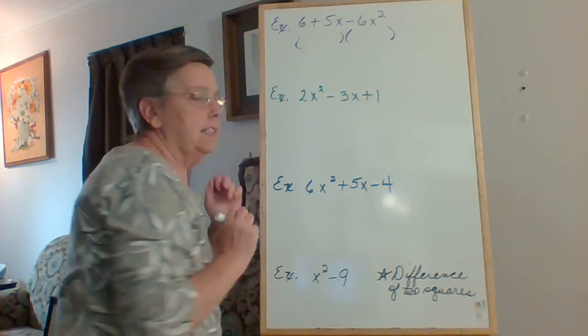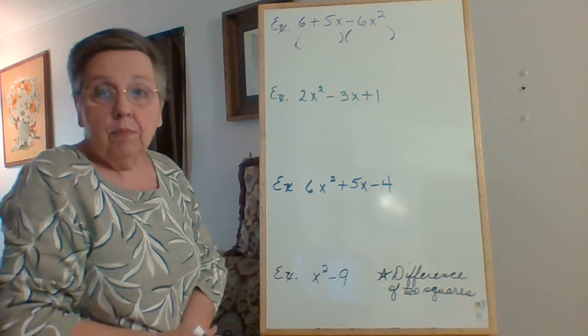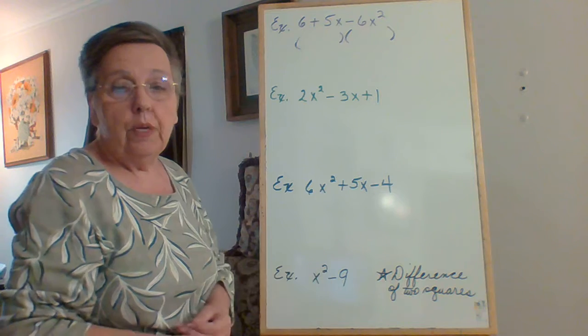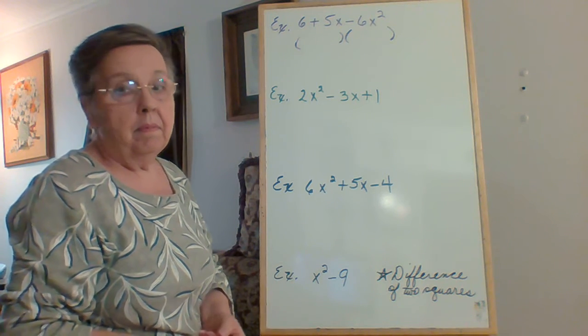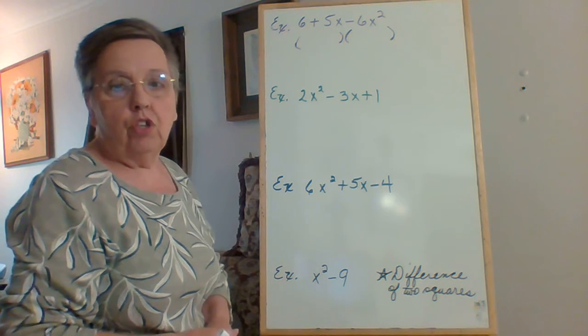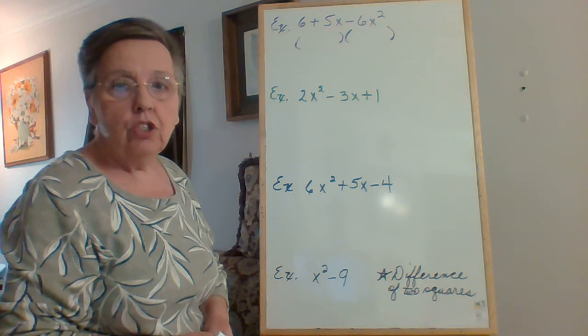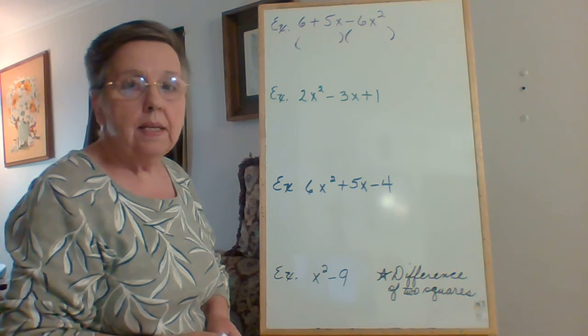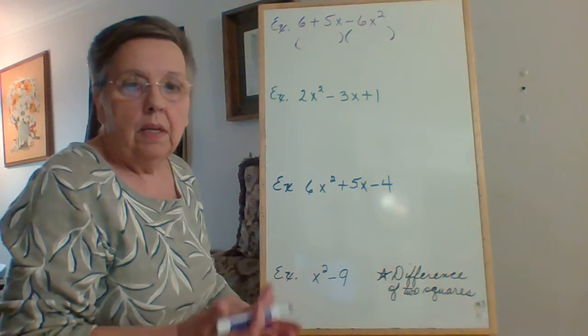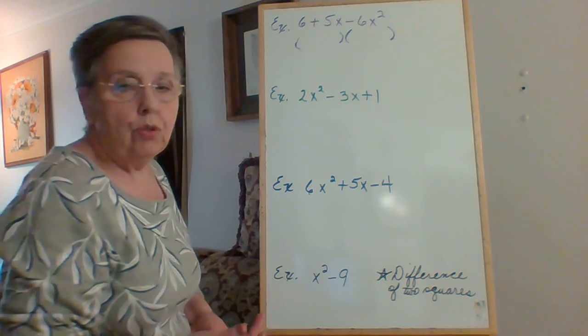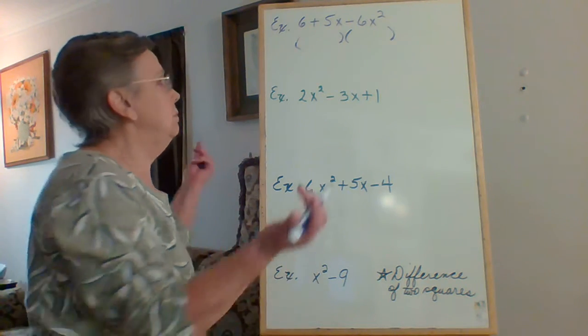Or 6. Well, that can either be 1 and 6 or 2 and 3. You just try. You pick and choose. If 2 and 3 or 1 and 6 don't work, try the other one. Let's just try 2 and 3.